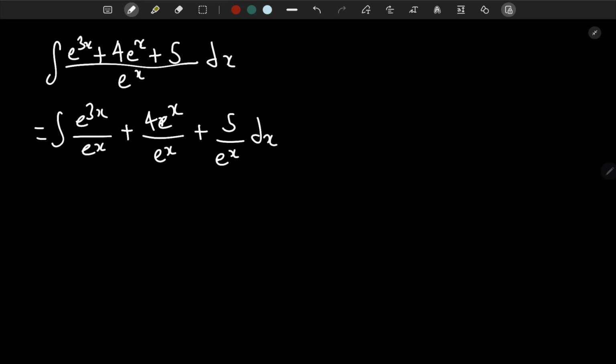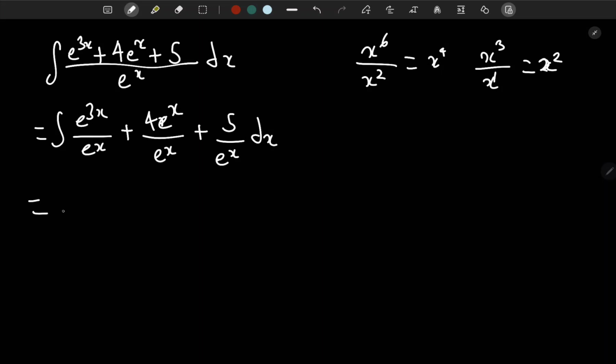Now when we go to the basics, if we have something like x to the power of 6 divided by x to the power of 2, we just normally subtract the exponents, right? So 6 minus 2 is going to be x^4, or x to the power of 3 divided by x is just x to the power of 2. So we can do the same here by simplifying this.